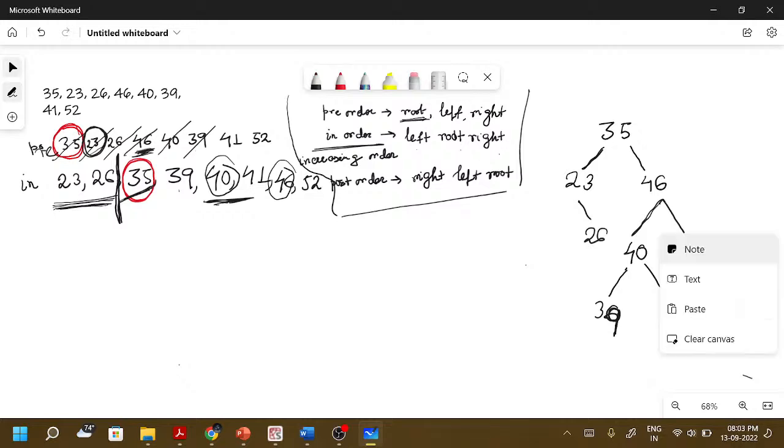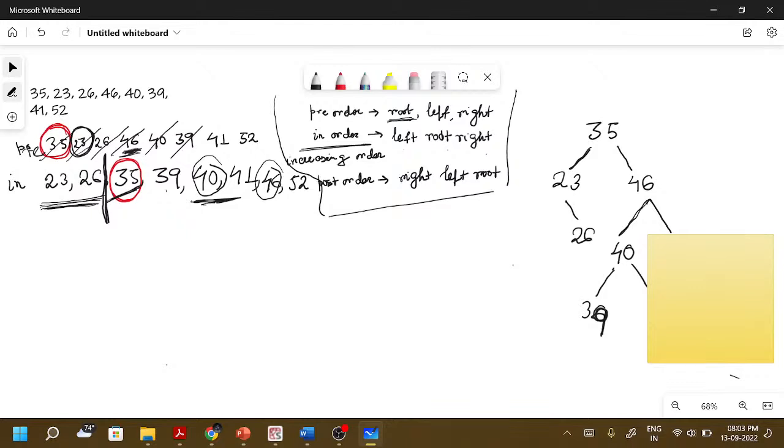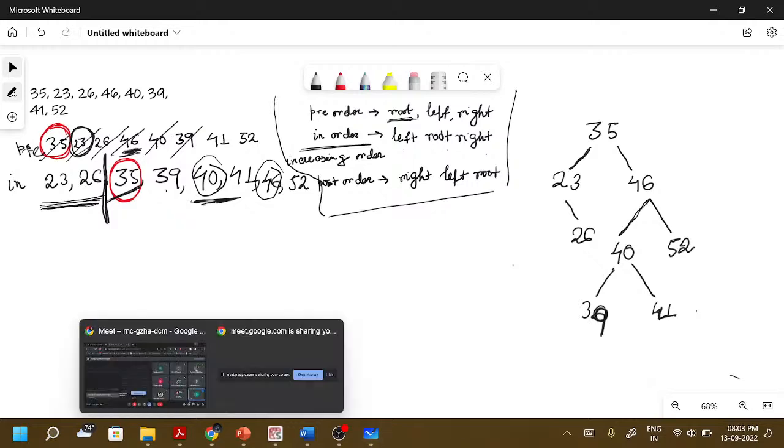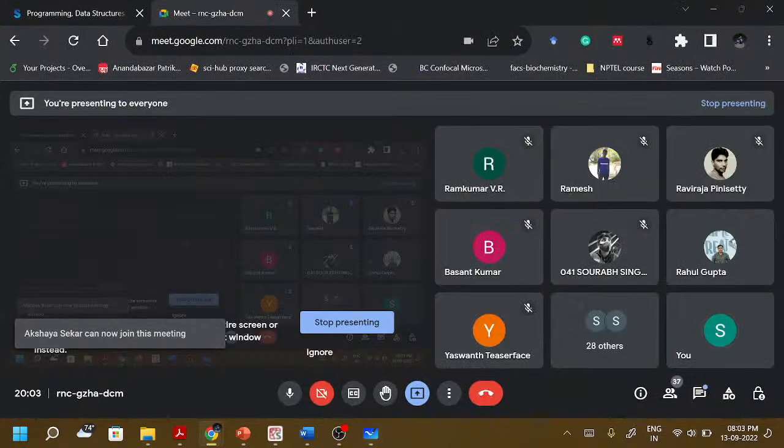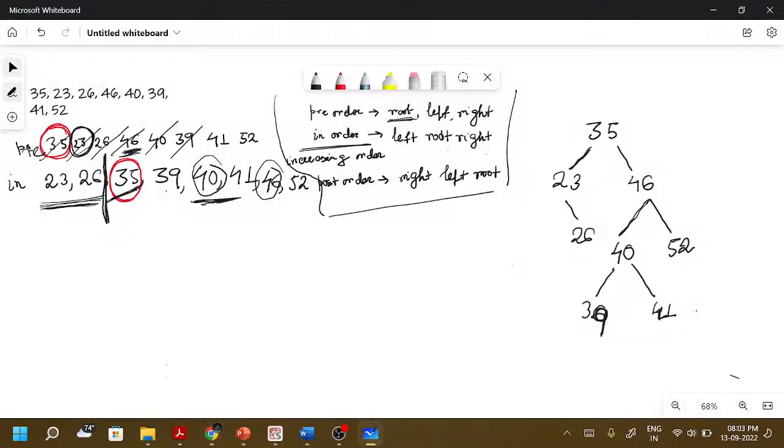Now next comes 40. Okay, I understood. Sorry, yes, correct. Here the 52 will go. Correct. Okay, so last one, let's clear it once more.